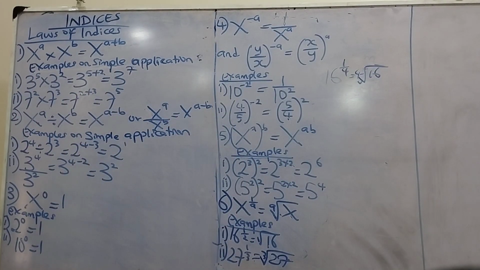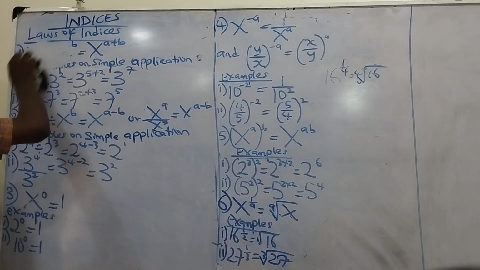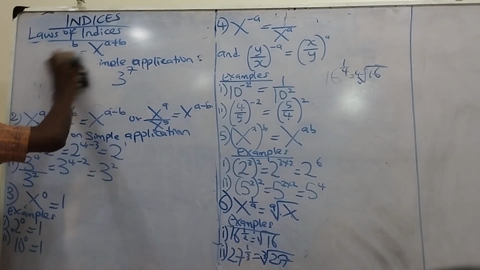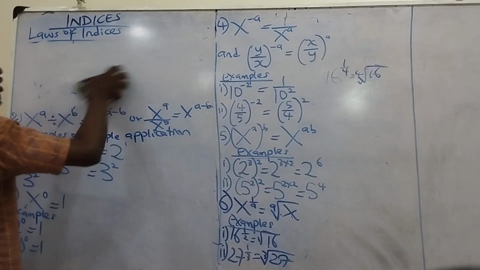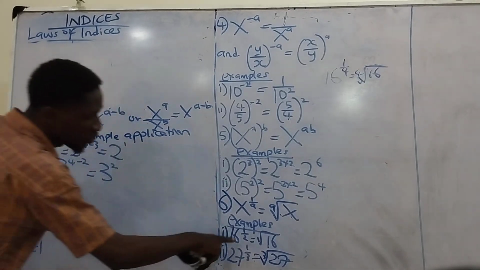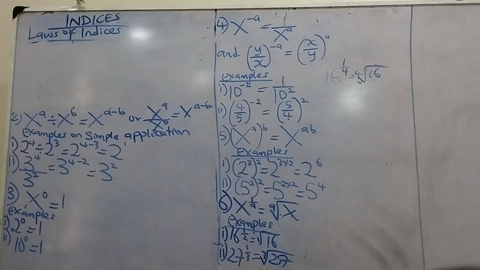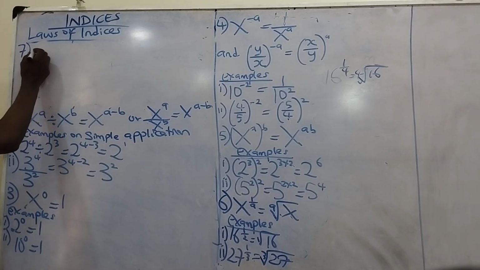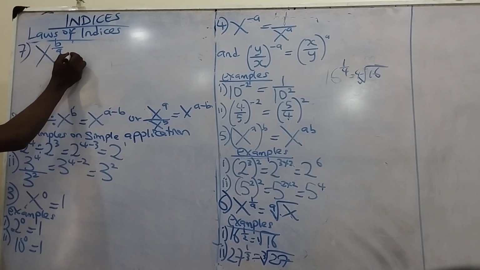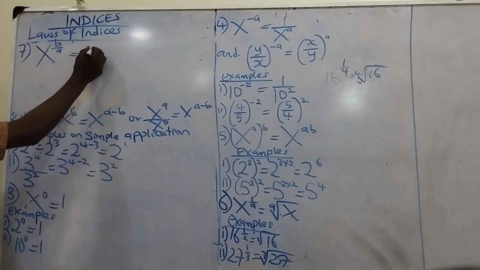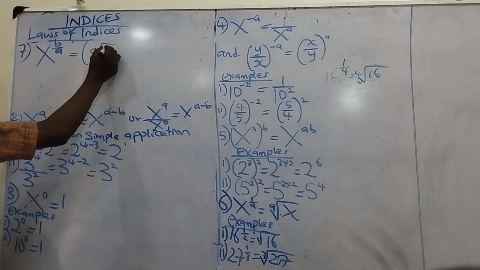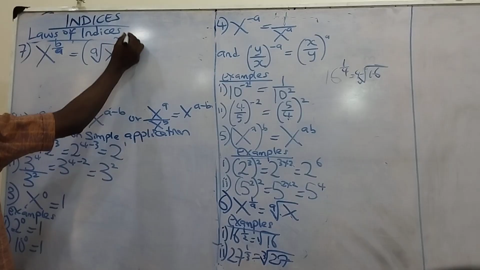So this law 6, there's an extension there. Let me try to write it here. The extension of law 6 is when the power is no longer 1 but another number. This is the 7th law. We have x raised to the power of b over a is equal to the a-th root of x, all raised to the power of b.